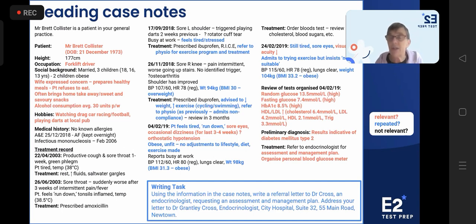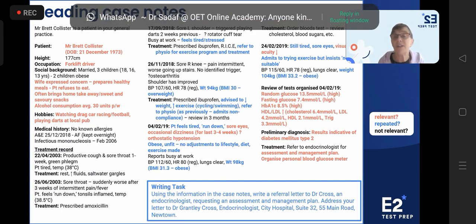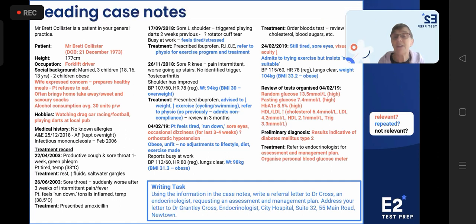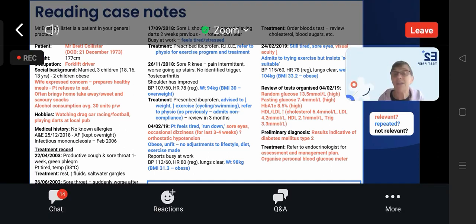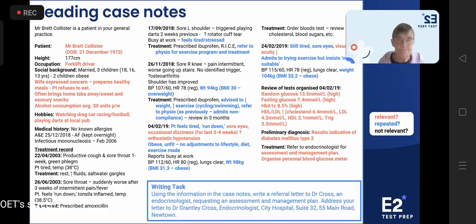20 days later, he's tired, his eyes are sore, his visual acuity has decreased. He admits to trying exercise, but it's not suitable, he says. His BMI has risen to 33.2. Some tests were done. Alrighty. There's the glucose. It's high. The fasting also high.